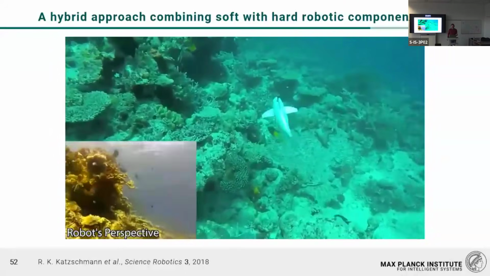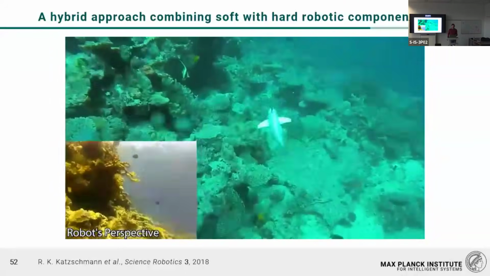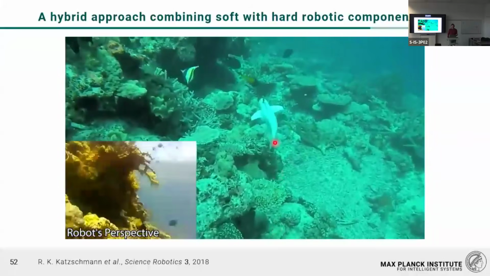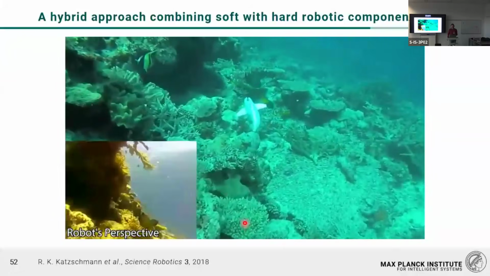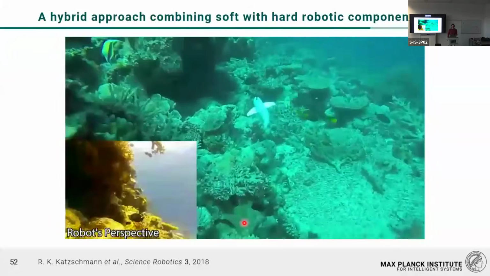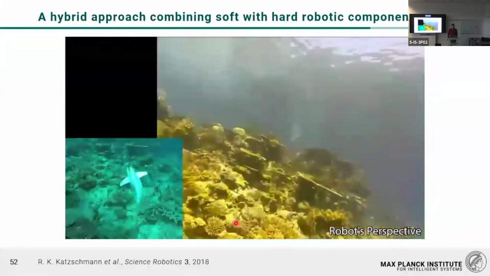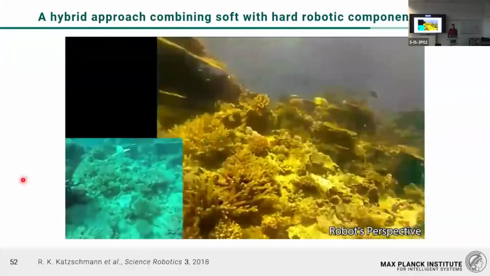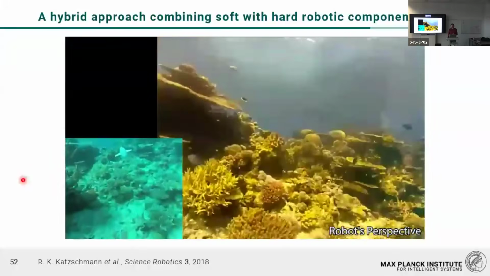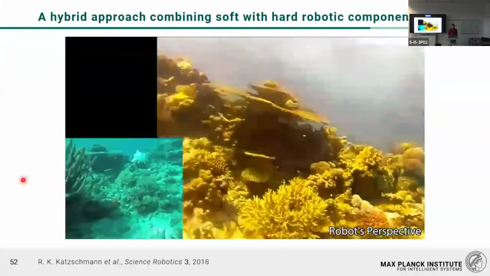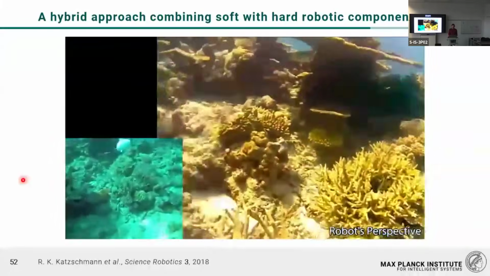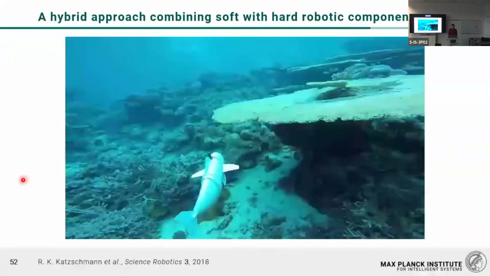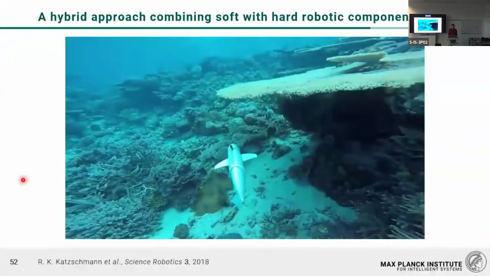Of course, here the controllers are hard, the cameras are hard, the communication system is hard. But there, the soft robotic system is used where it works best, which is for the tail of the robot itself. So it generates this very nice locomotion pattern that looks very natural. It's also very easy to do. There are two actuators in there that are oscillating.